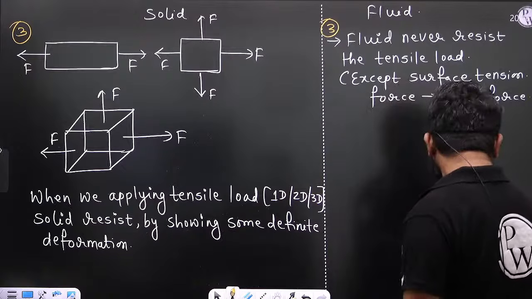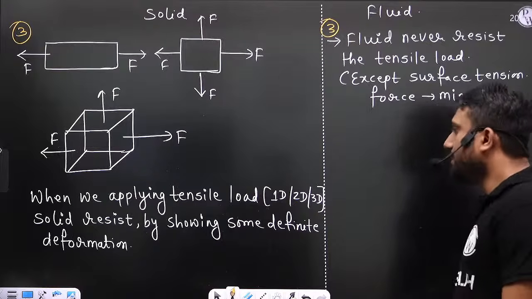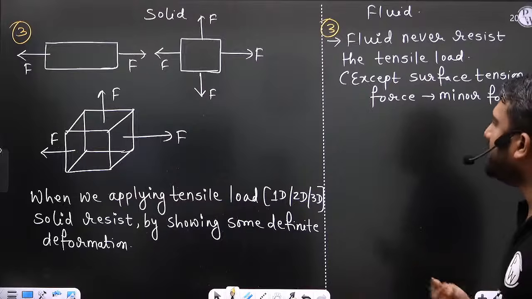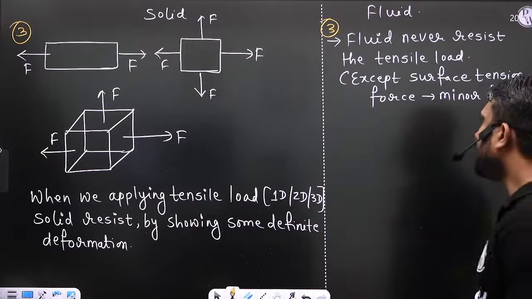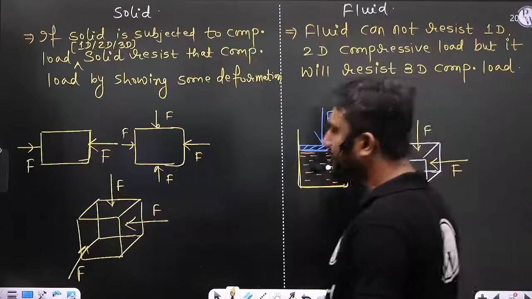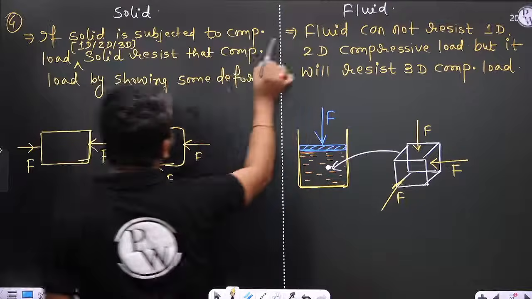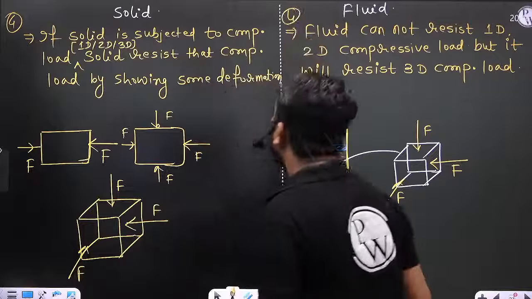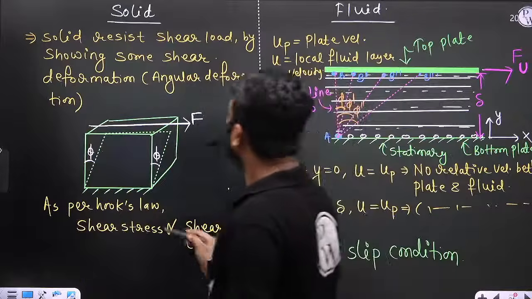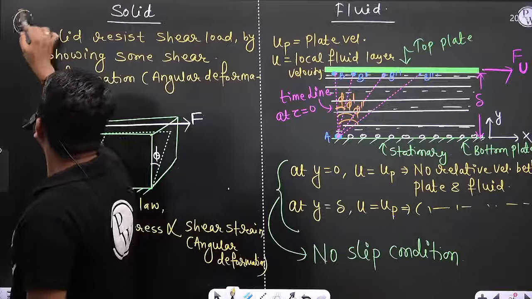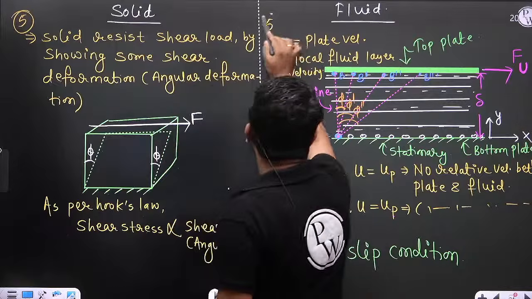Solid resists the tensile load by showing some definite deformation. Fluid never resists the tensile load. This is the fourth difference. This is the fifth difference.